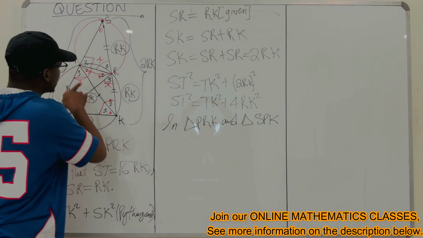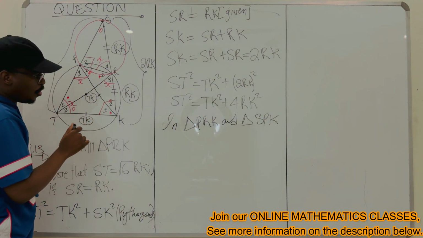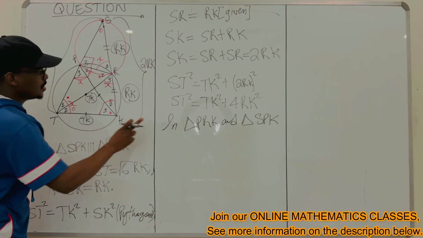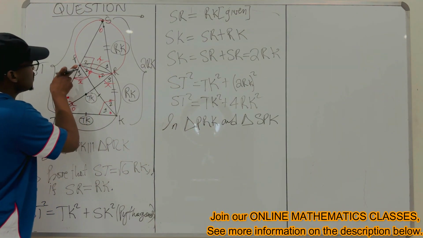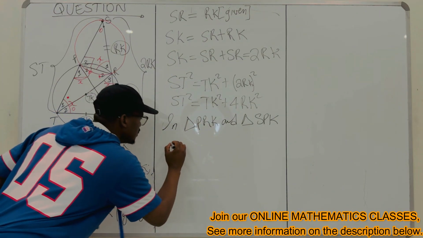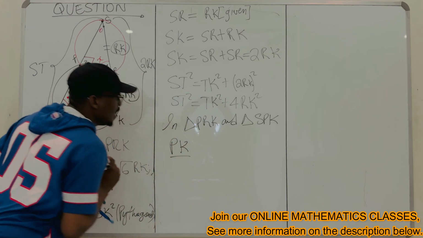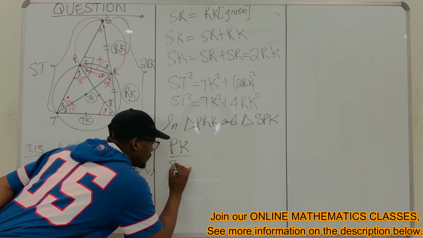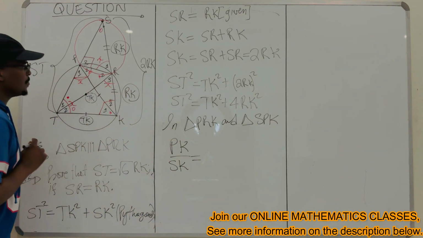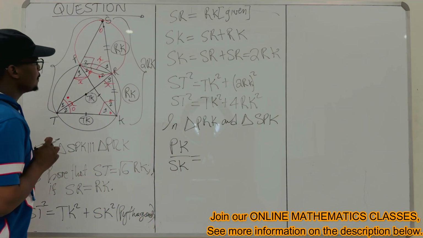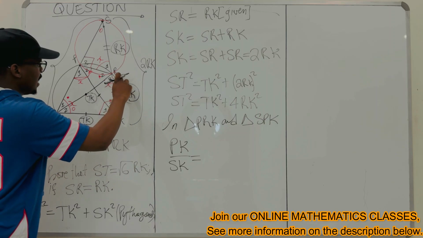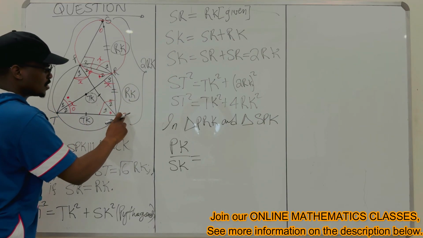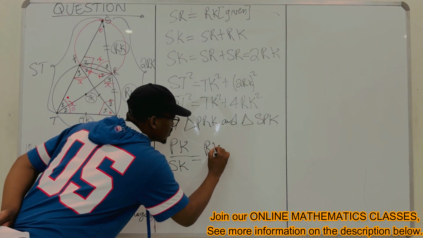So if I take the PK on the smaller triangle PRK, PK goes with SK, divided by SK. It should be the same as RK of the small triangle.